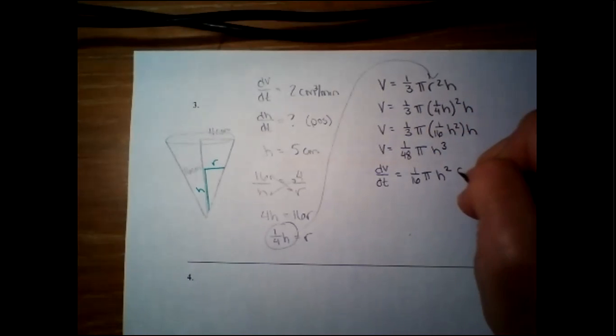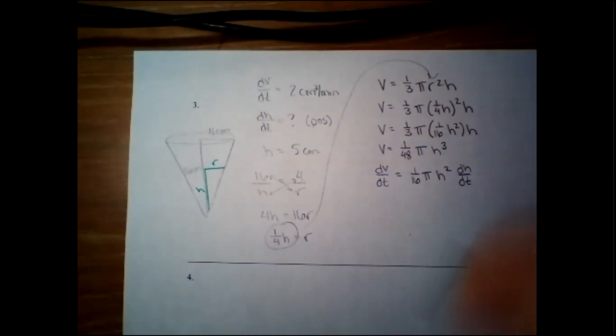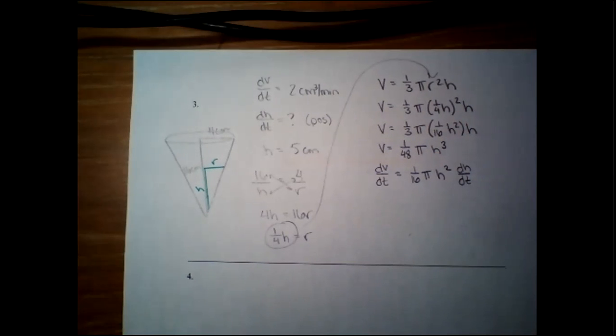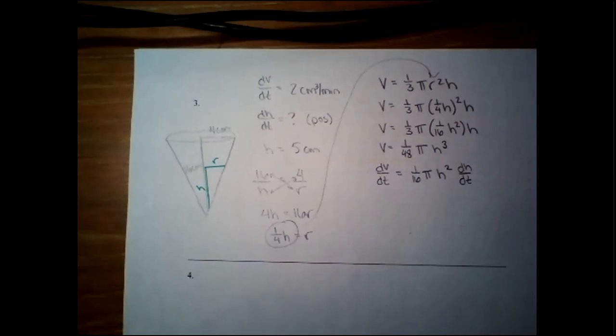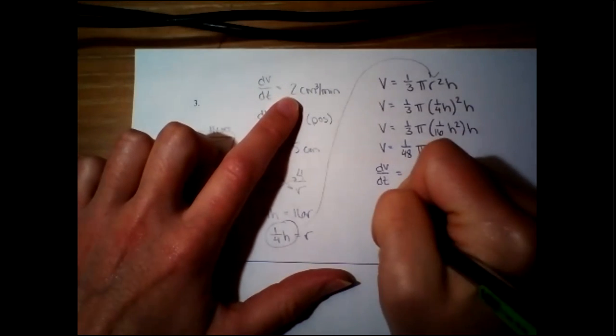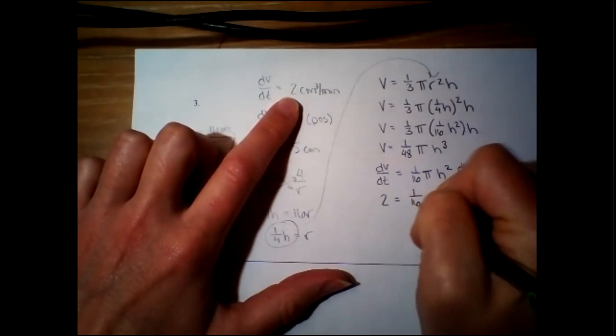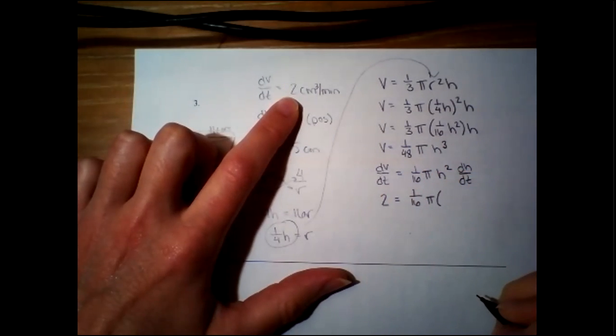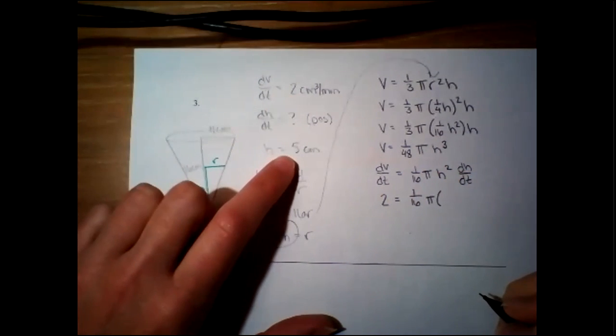Drop a degree, and then dh dt. And then we're going to plug in what we've got and solve for what we're missing. So dv dt is 2. And h is, where is it, 5.